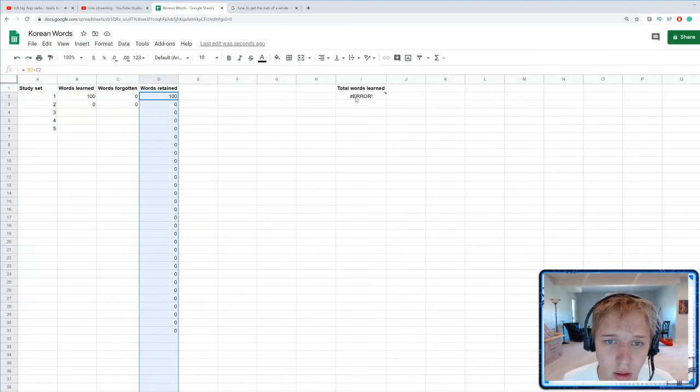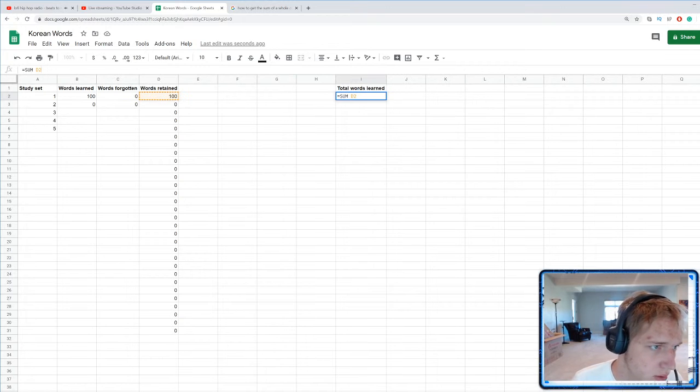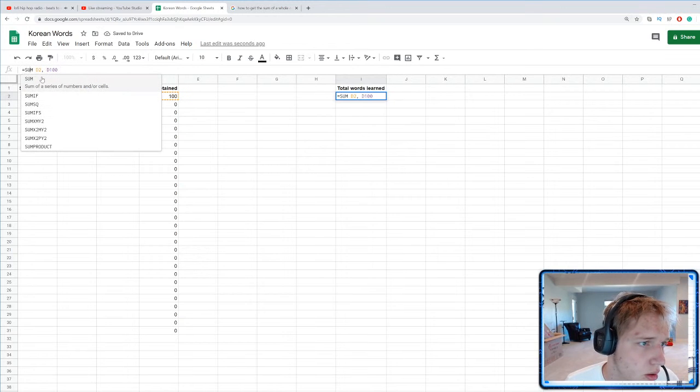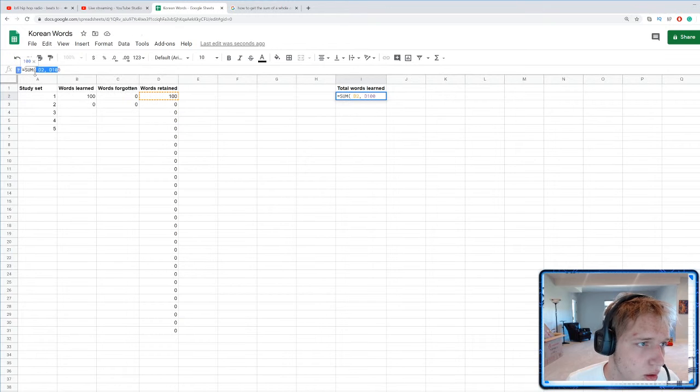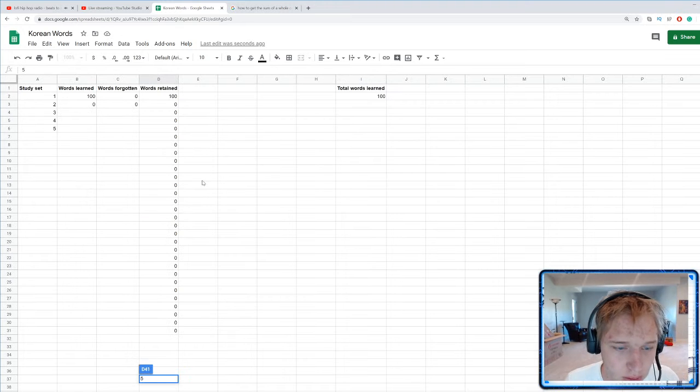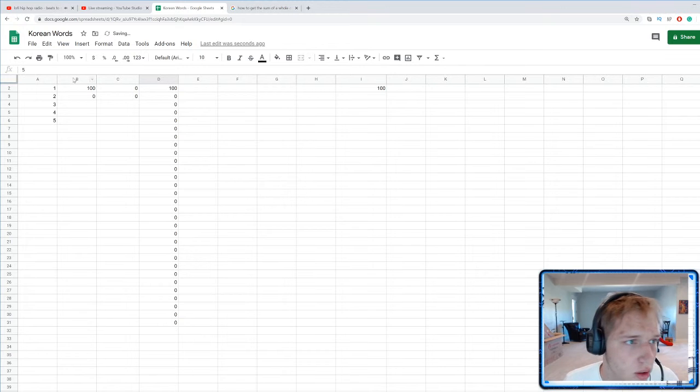Okay, that's interesting. Okay. So sum D2 D100. If I just put 5 in there. No, it doesn't give me the range that I want.